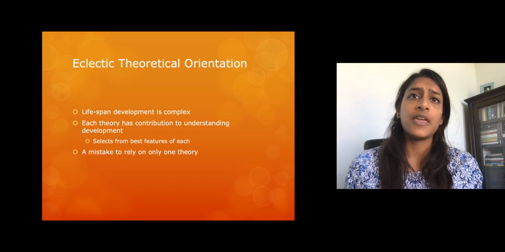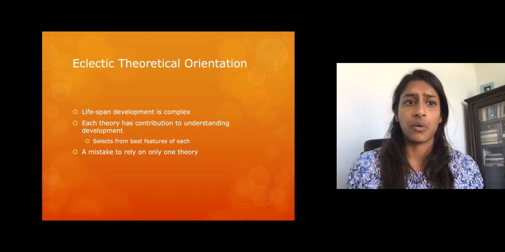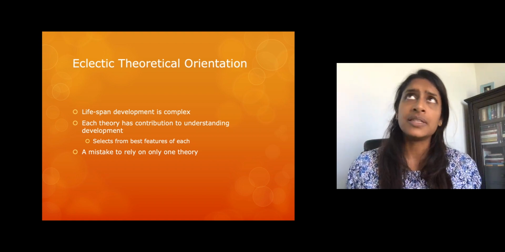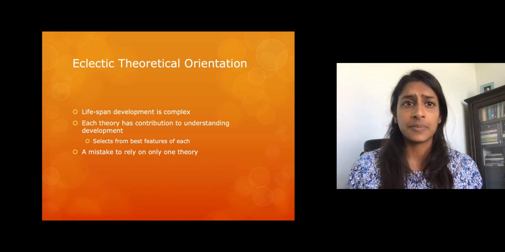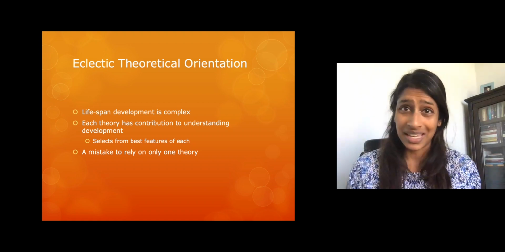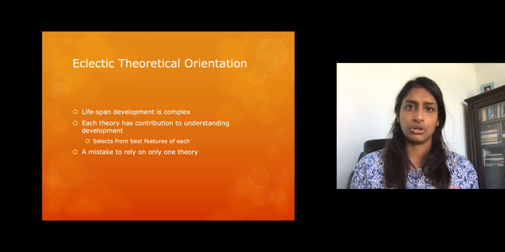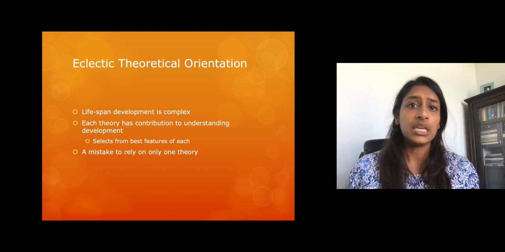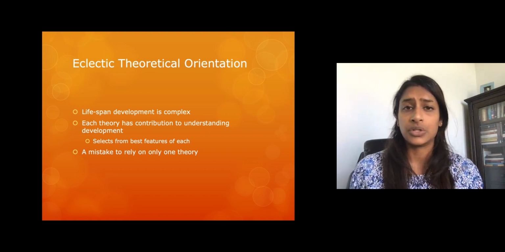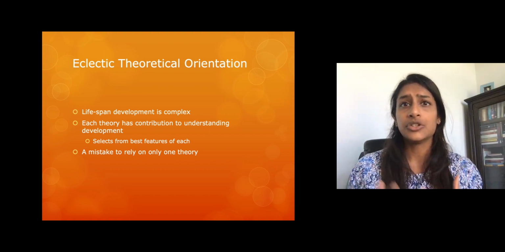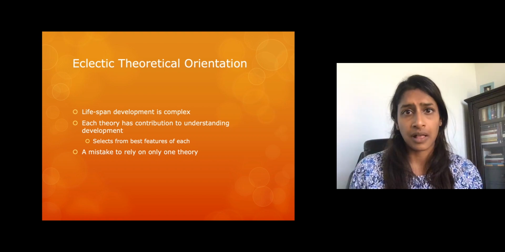And when we think about this eclectic theoretical orientation, the basic idea is that lifespan development is complicated. Thinking about people and why they do what they do is complicated. Each theory that you're exposed to in chapter 1 does contribute to our understanding of development.